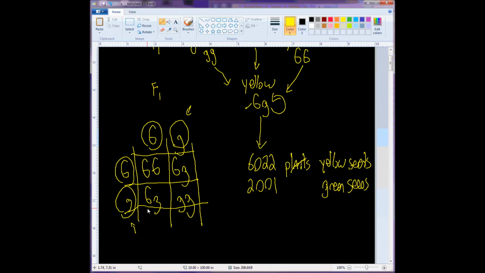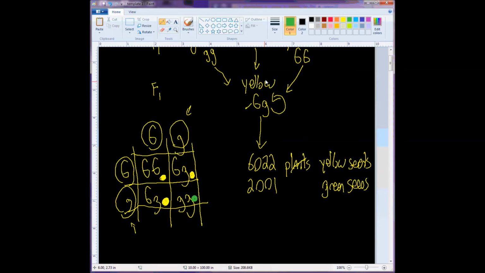3/4 of the plants are going to be yellow, or yellow seeds. I can draw the seed now. And they're all round. There's no round or wrinkled in this question. We're assuming they're round. And 1 green. So 3/4 yellow, 1/4 green.